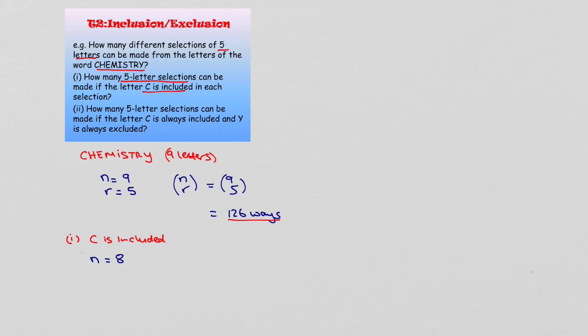We're making a selection of 5 letters, but C is already included, so we have 4 left to select. So n choose r is 8 choose 4, and 8 choose 4 is 70 ways. There are 70 ways of selecting the 5 letters if C is always included.